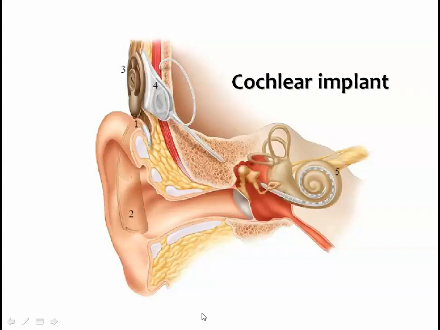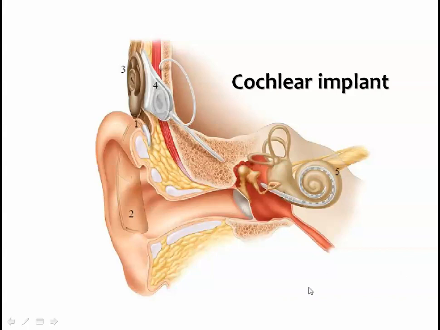You know that in some patients we can proceed with cochlear implant in order to improve hearing, especially whenever there is a cause of sensory neural hearing loss. But you should remember that in order to perform the operation of cochlear implant, you should have a normal, well-formed cochlea.